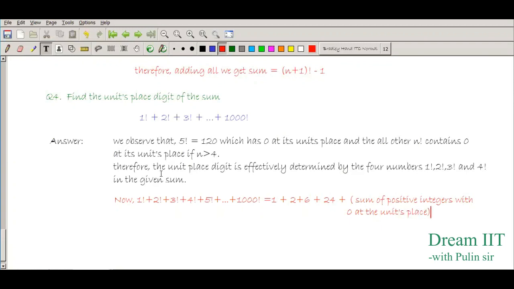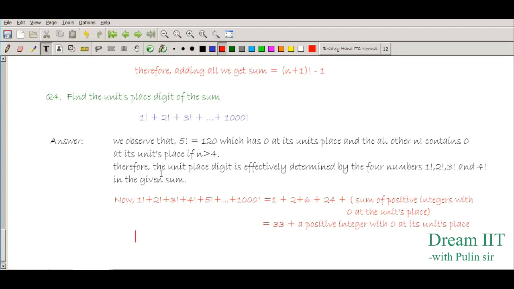So now you can see the statement we have written, that the sum's units place is effectively determined by the first four numbers. Yes, it is true only because the rest of the sum in the bracket will contain 0 in the units place. So what does this sum equal? 33 plus a positive integer with 0 at its units place.